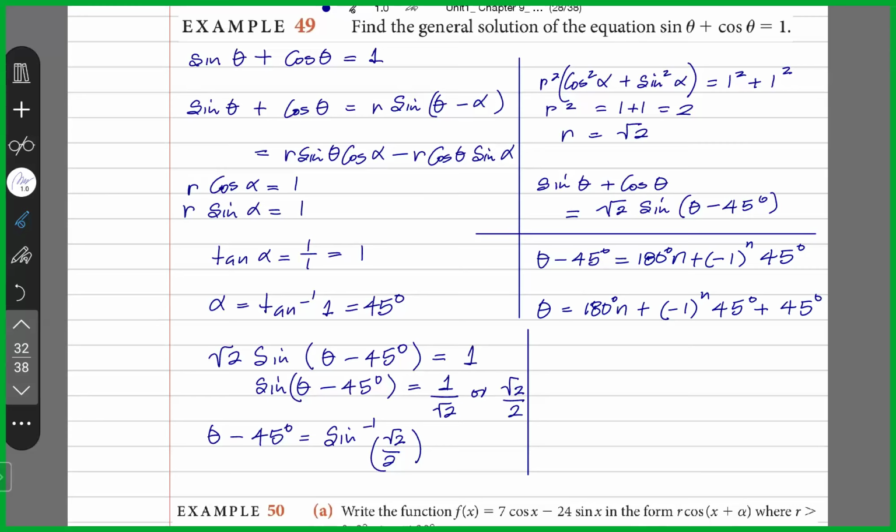But let us not separate it and just say that the general solution is 180 degrees n plus minus 1 to the n 45 degrees plus 45 degrees.